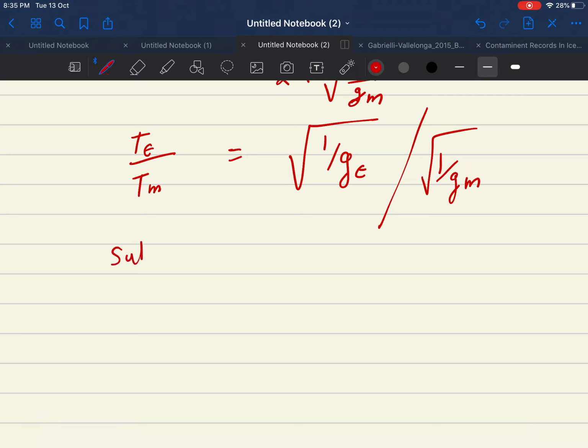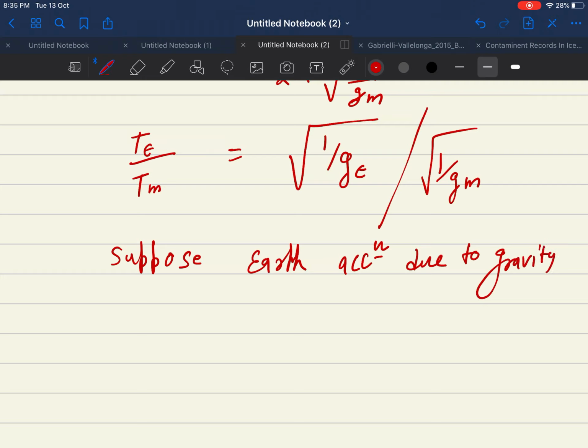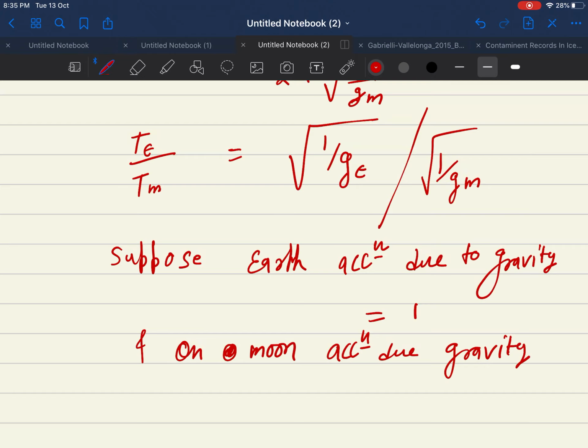Now just suppose the earth's acceleration due to gravity is equal to 1, and we know the moon's gravity is 1/6, so on the moon the acceleration due to gravity is equal to 1/6.